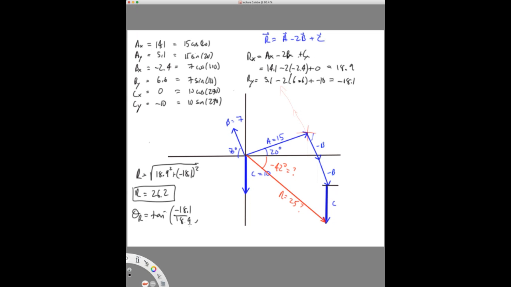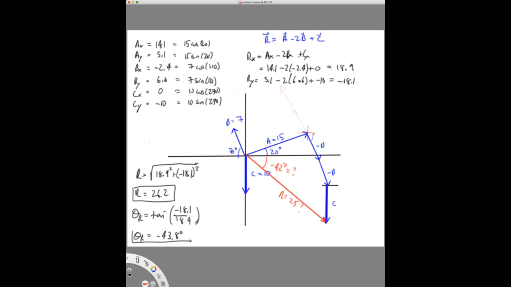It's always y over x. We get minus 43.8 degrees.